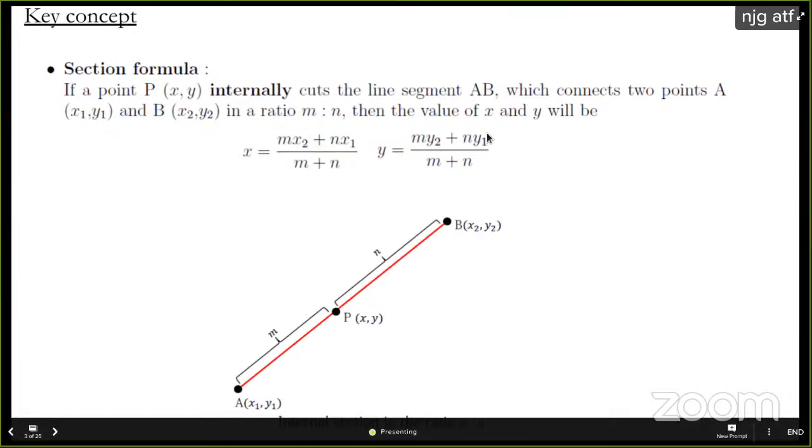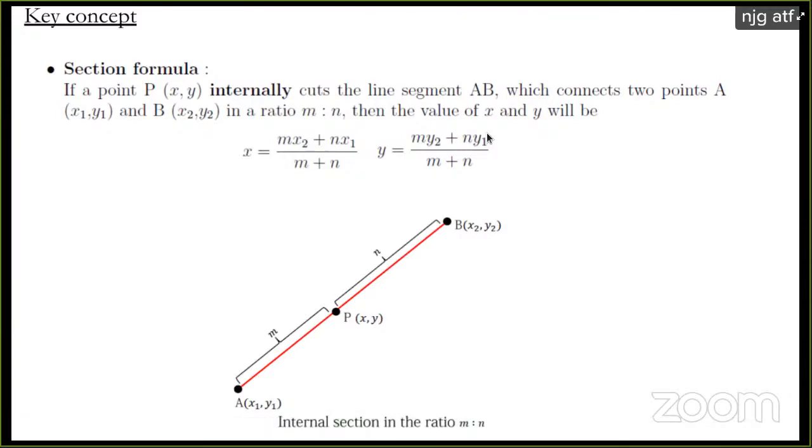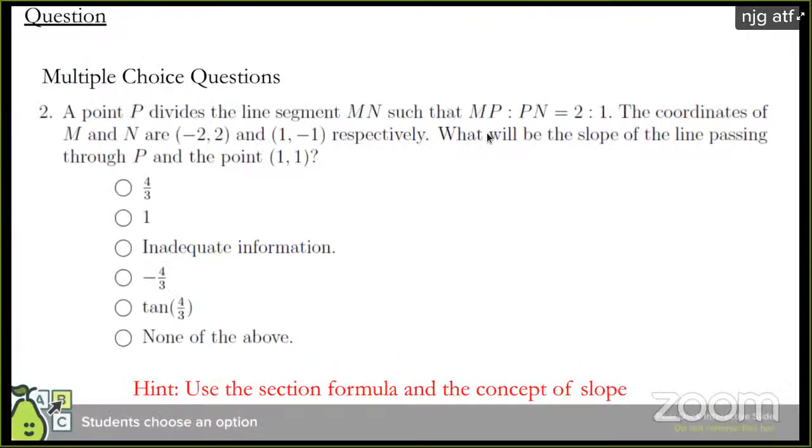Okay. Then let's see one small question, which is the second question of your graded, pretty much similar to your graded. So yeah, ignore the question numbers here. This question says there is a point P which divides the line segment MN such that MP is to PN is 2 is to 1. And we have also given you the coordinates of M and N here.